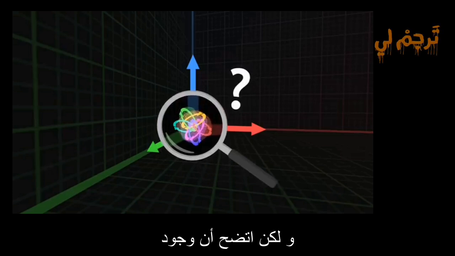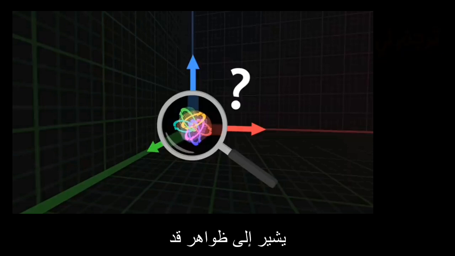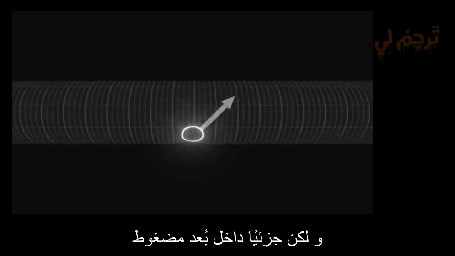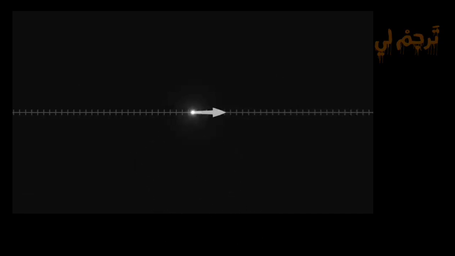But it turns out that the existence of additional dimensions is a very interesting question that suggests phenomena that we might observe. For example, we could imagine a massless particle that moves at the speed of light, but partially inside a compact dimension. From our point of view, we do not see this dimension, and therefore the particle seems slower to us.